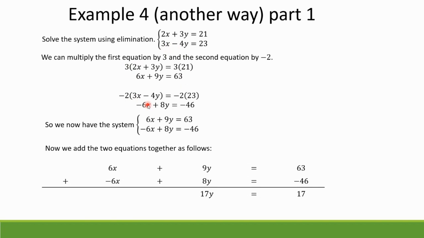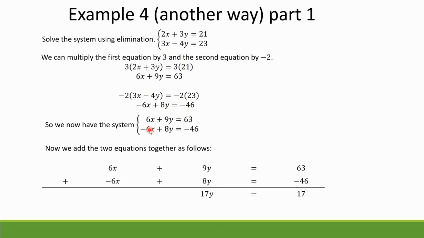We get -6 times x plus 8 times y is -46. You can't just multiply a coefficient by one number. You have to keep everything algebraically equivalent. You have to follow the rules of algebra, so to say. So anyway, now the coefficients of x are 6 times x, -6 times x.